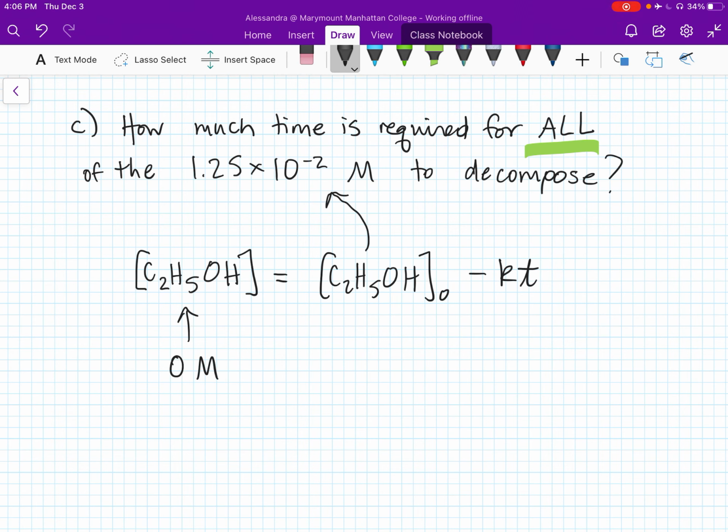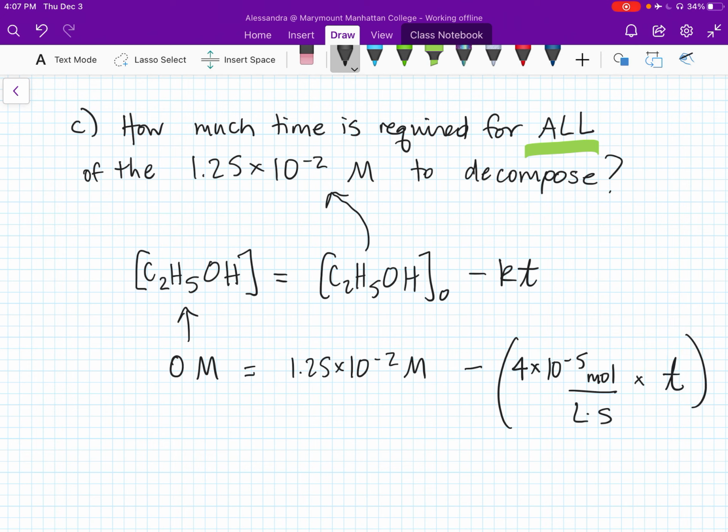So I'm going to plug in 0 molar equals 1.25 times 10 to the minus 2 molar minus K. K here is positive 4 times 10 to the minus 5 moles per liter seconds. And I'm going to multiply that by my t, and t is my unknown that I'm looking to solve for.